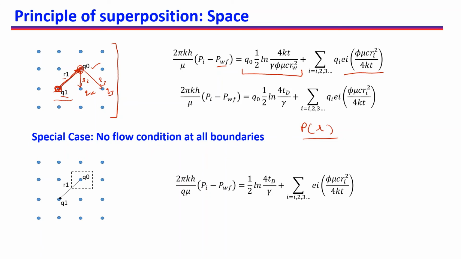Similarly, if there is well 2 only in the reservoir, and for this well 2 we want to find out what will be the pressure because of this well 2 producing at a flow rate of Q2 at a distance R2 from this well, then also we can use this exponential integral.